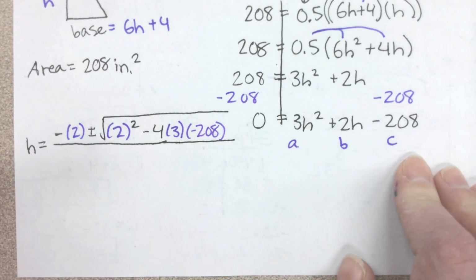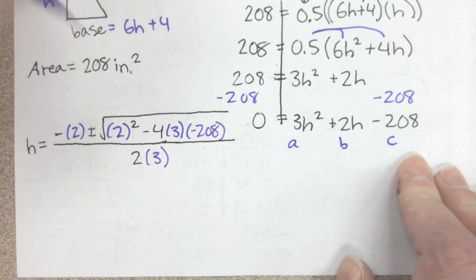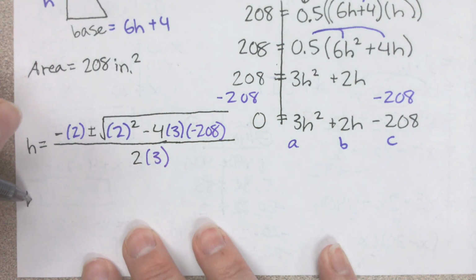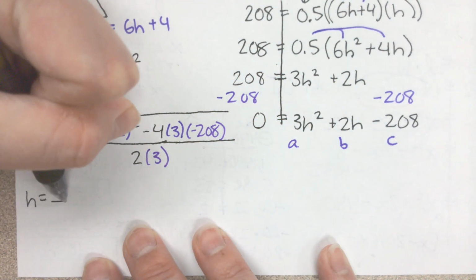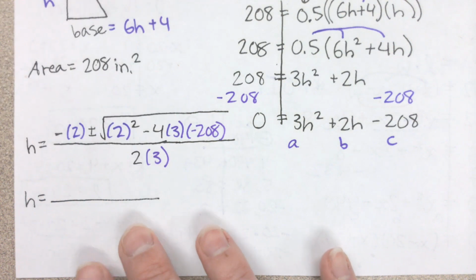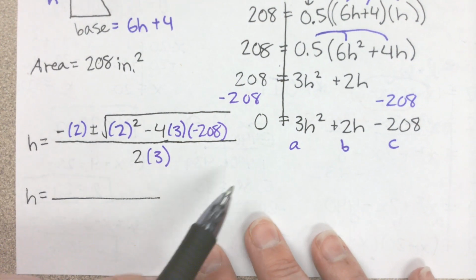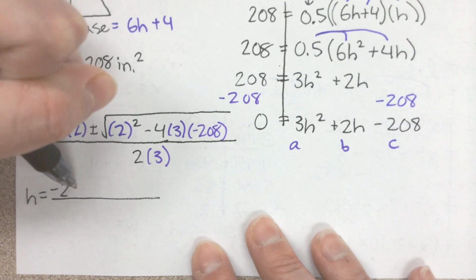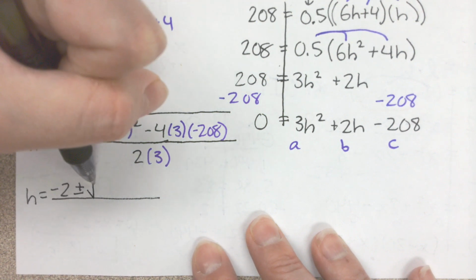And that is all over 2 times a, which is 3. Bringing this down, we can drop these parentheses. This is negative 2 plus or minus the square root.